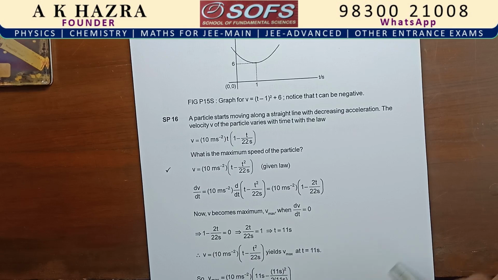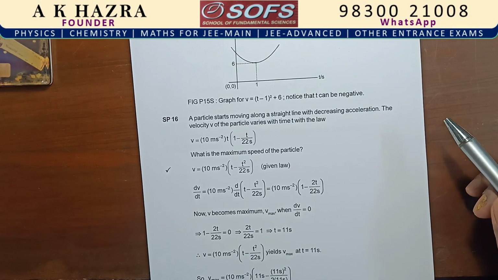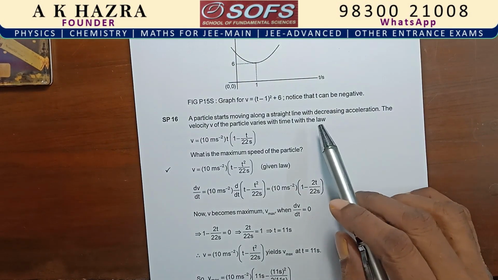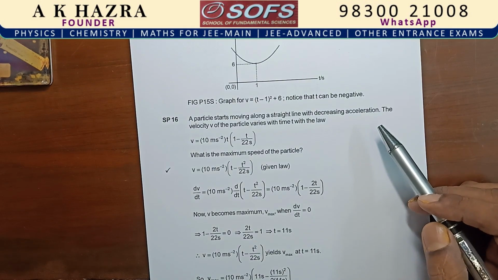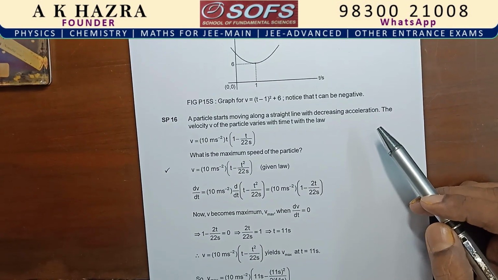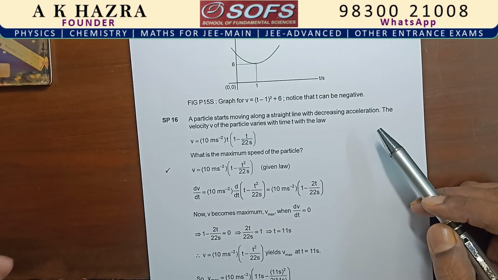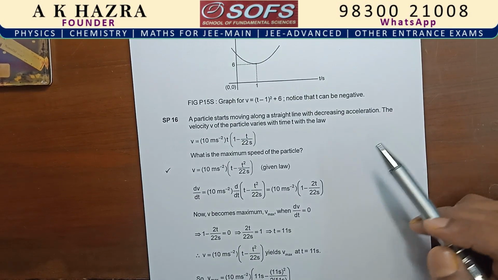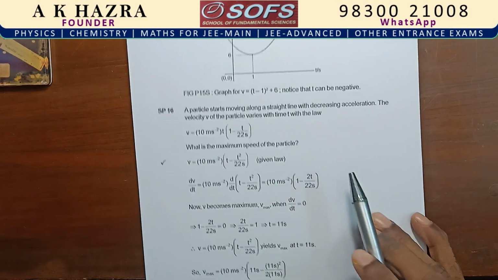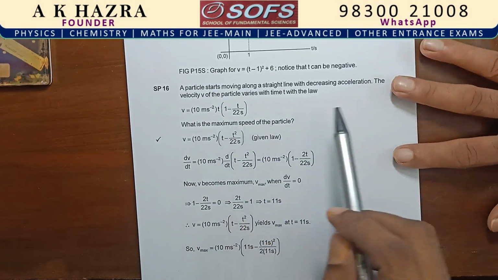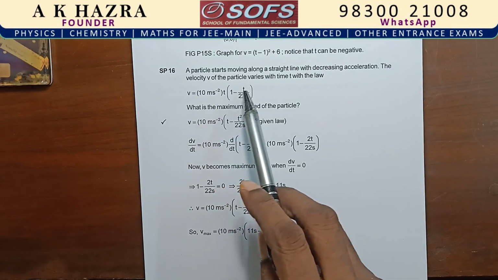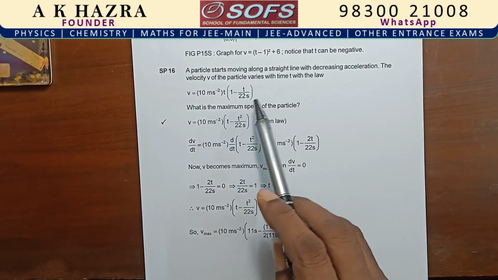In mechanics, it is actually the concept of terminal velocity. So here also, decreasing acceleration means velocity increases at a slower rate. The rate of increase gradually goes on decreasing.